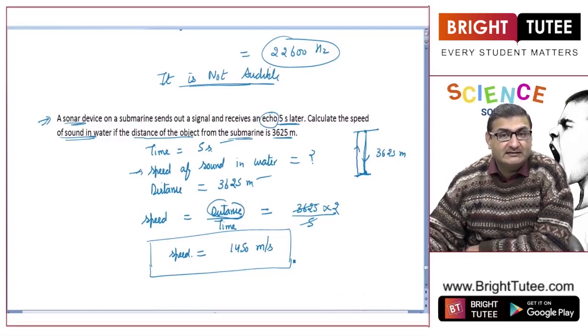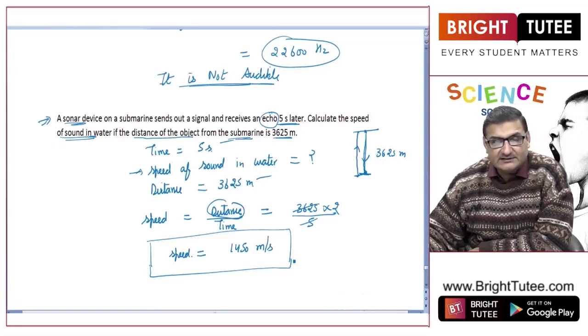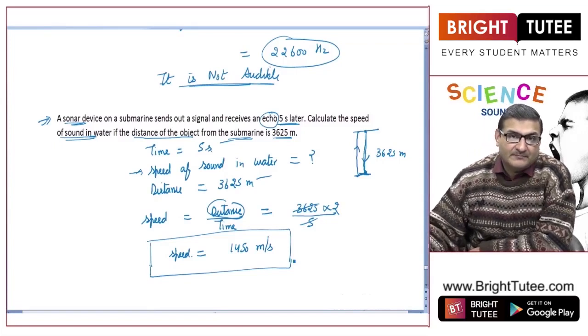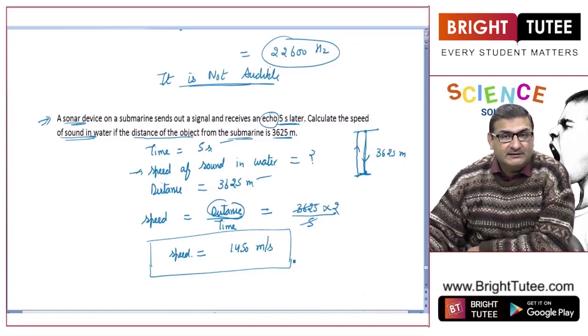It is used to break kidney stones. It is used by bats in order to locate their prey, using the technique of echolocation, and it is used in sonar. This is very, very important. Please try to relate and learn it thoroughly. It is the important topic that you have done and studied just now.